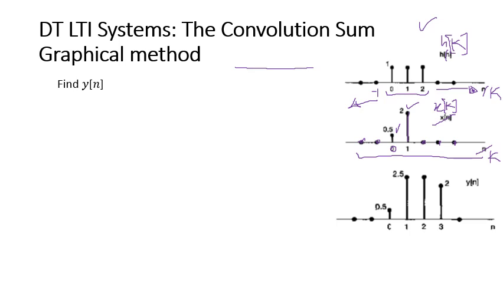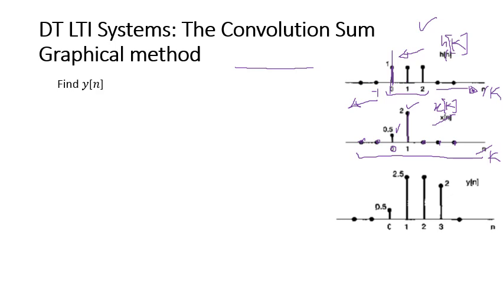The reflected version of h of k can be obtained by placing a mirror here and looking into this side. So I obtain this sample as it is here, and the samples at 1 and 2 will be on the other side.